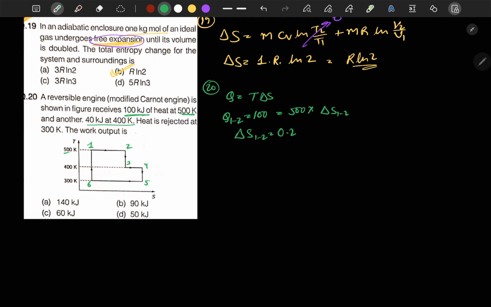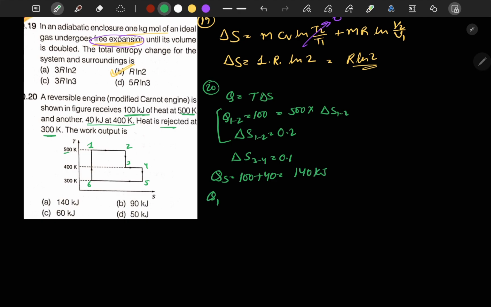Similarly, we can calculate delta S for process 3 to 4, which is the heat supplied, 40, divided by the temperature at which it is supplied, 400, so the answer will be 0.1. Now we know that the heat is ejected at 300 Kelvin. The heat supplied is equal to 100 plus 40, which is 140 kilojoule.